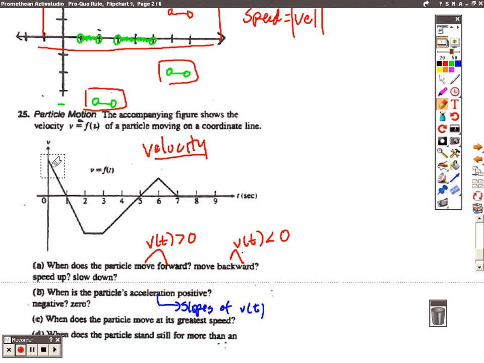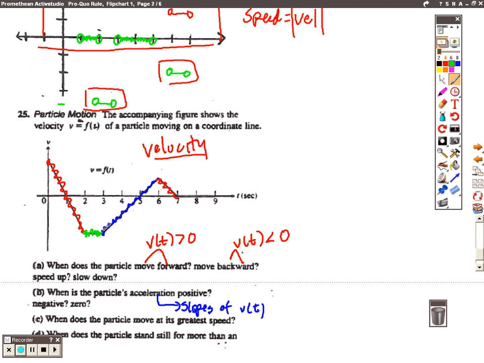Let's go with blue for positive slopes. Slope is positive from here to here. Let's go red with negative slopes. Slope is negative from here to here, and from here to here. And let's go back with the green again for slope being 0.